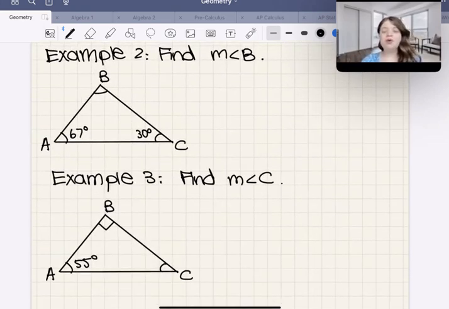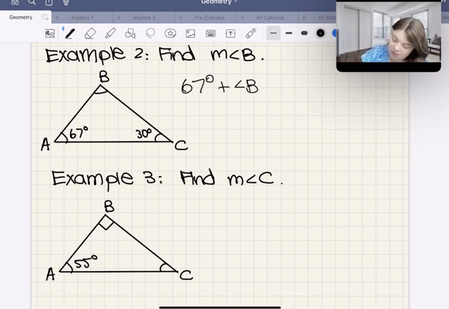Example 2 says to find measure of angle B. The general thing we're going to typically do with the triangle angle sum theorem is, let's say we have the measures of two angles but not the third. We can use this to find the third. We know that 67, which is measure of angle A, plus measure of angle B, plus angle C, which is 30 degrees, is equal to 180.